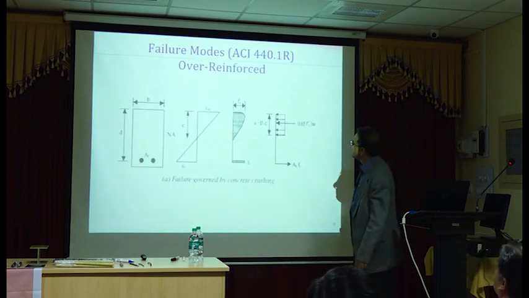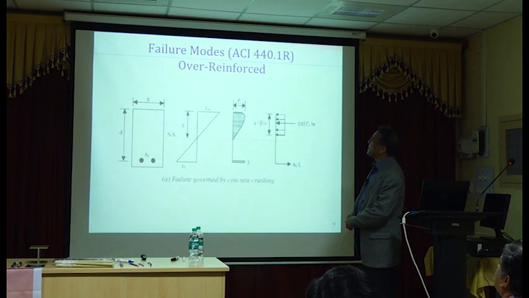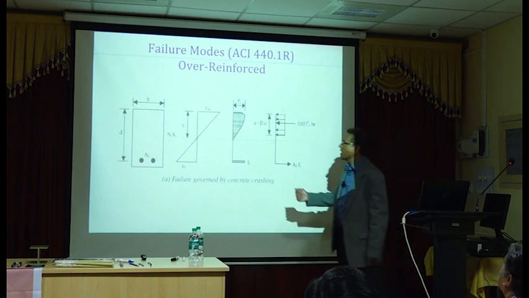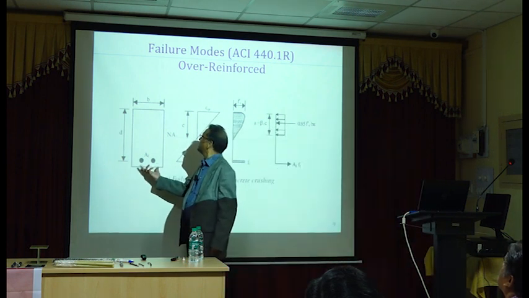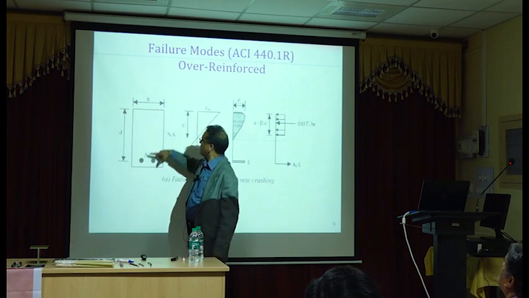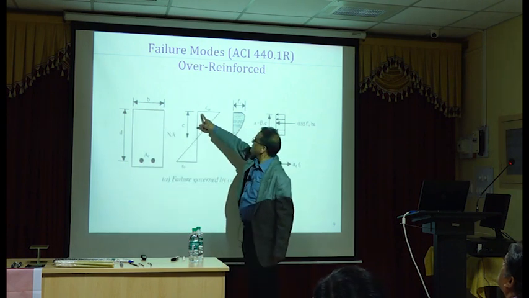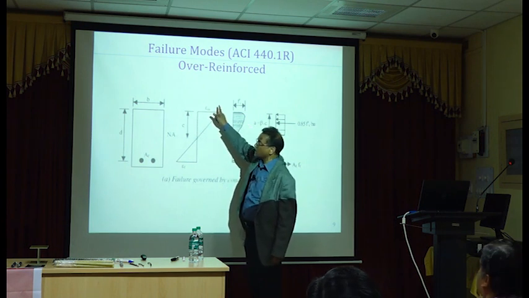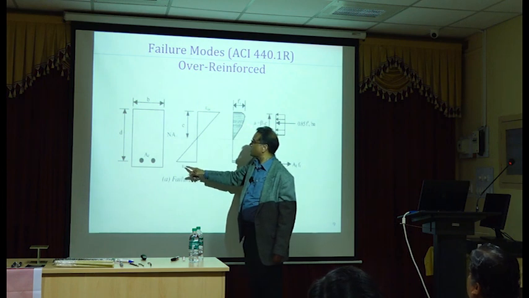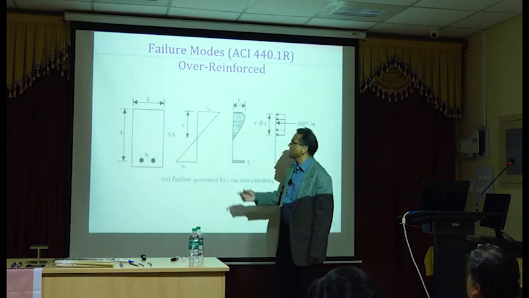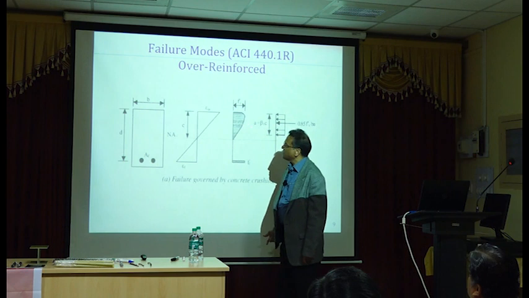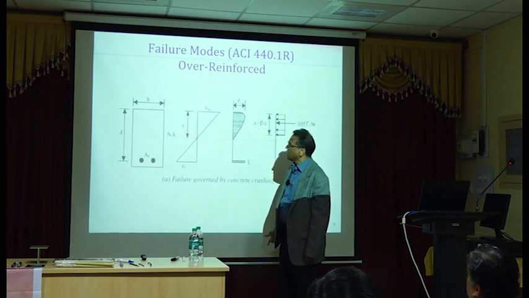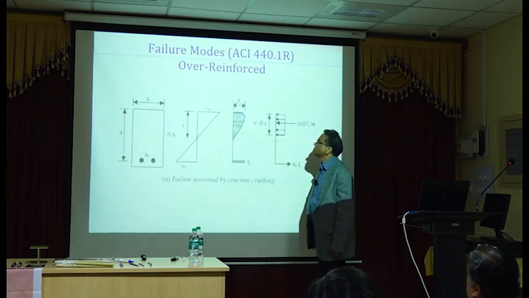So if you see the stress strain curve and the corresponding stress block, this is what it will look like. We have a rectangular section here, width b, effective depth d, strain diagram with epsilon cu here, which is equal to 0.003, and epsilon f here, which is the strain in FRP bars.